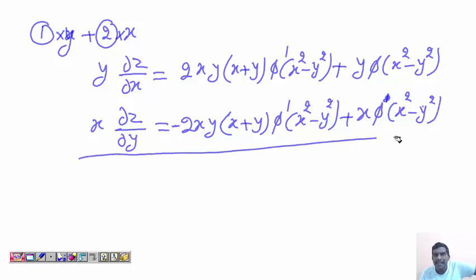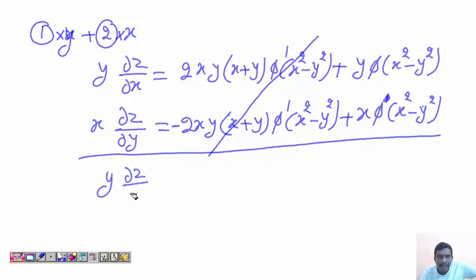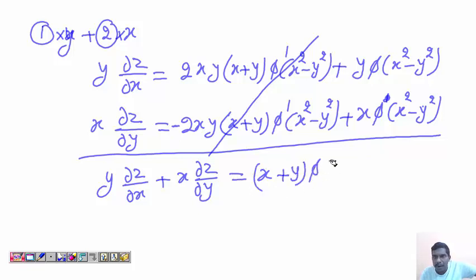Now if I add these two, the phi dash terms get cancelled. You have y into dou z by dou x plus x into dou z by dou y, which is equal to, here I can say x plus y into phi of x square minus y square, because in both the terms we have phi of x square minus y square. We can take the common factor.